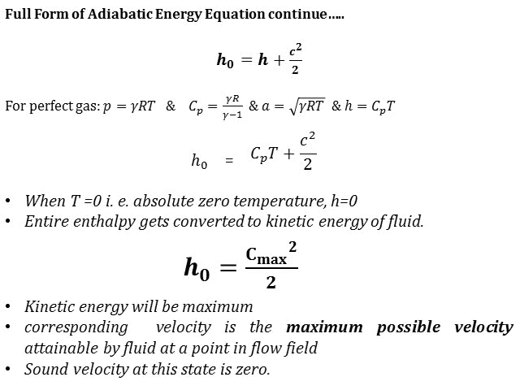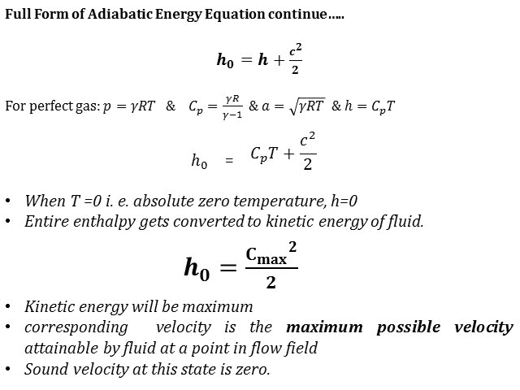At this particular point, we see that the velocity of sound will be 0. This is because we know that velocity of sound A is equal to root of gamma RT. When T is equal to 0, then A becomes 0.